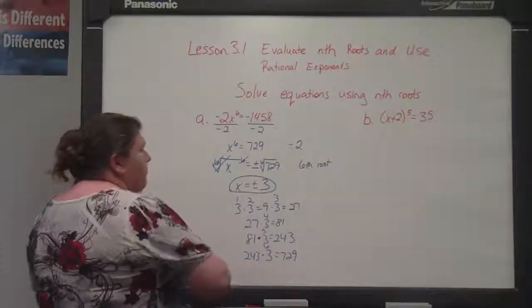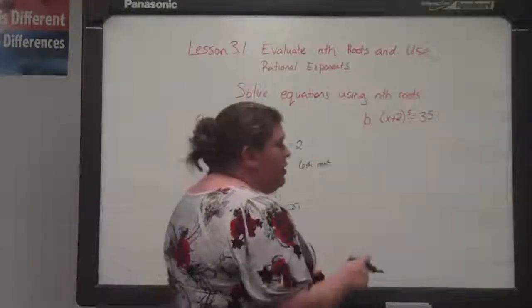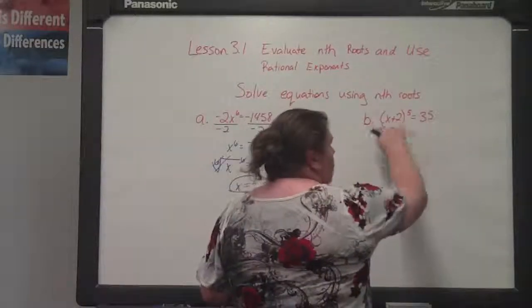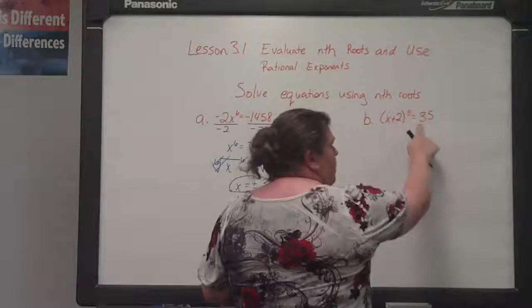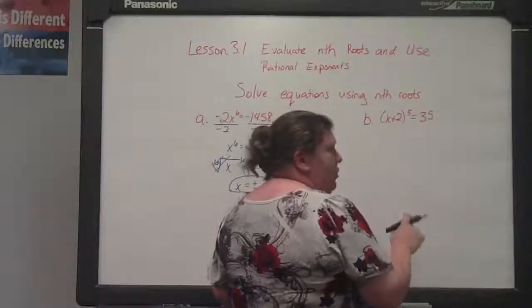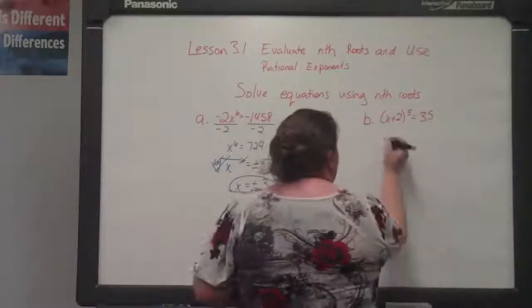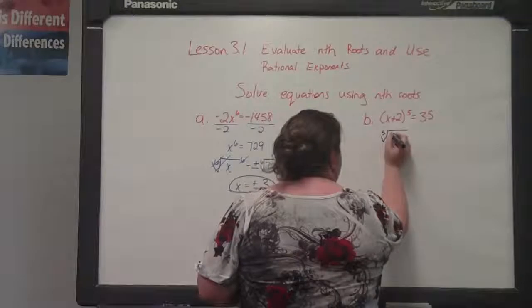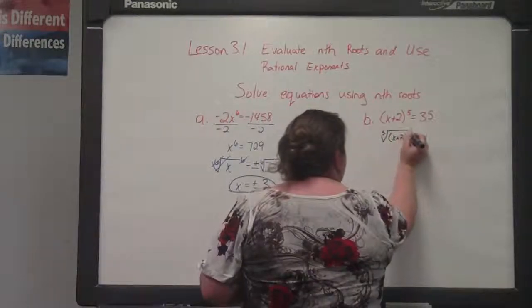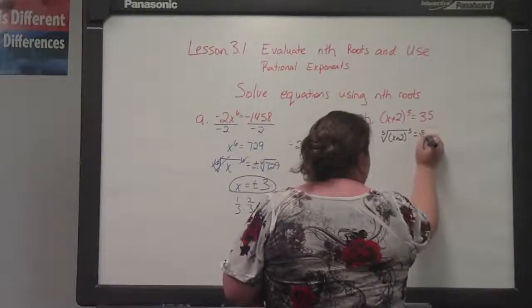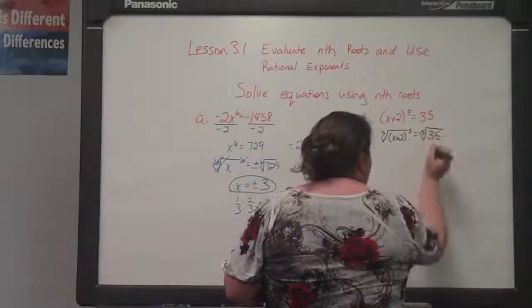Now we're going to come over and work our B equation, which is x plus 2, all of that to the 5th power, equals 35. For this one, the first thing we have to do is get rid of our power. So in order to do that, we say the 5th root of x plus 2 to the 5th power equals the 5th root of 35.